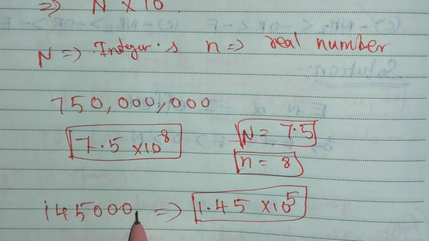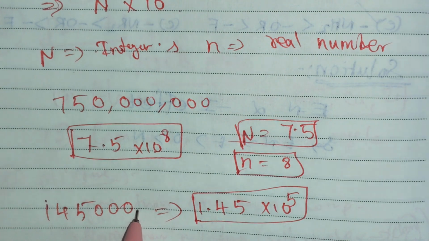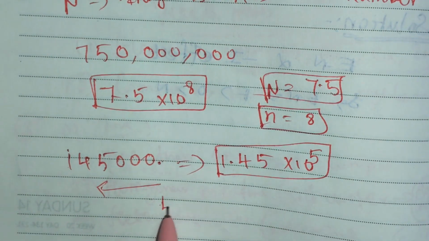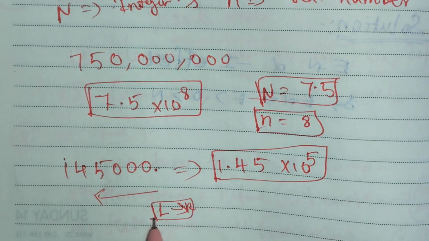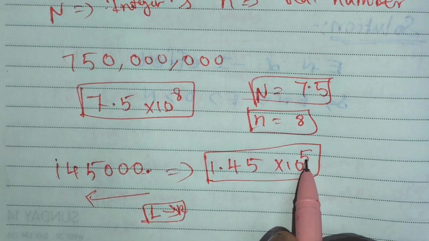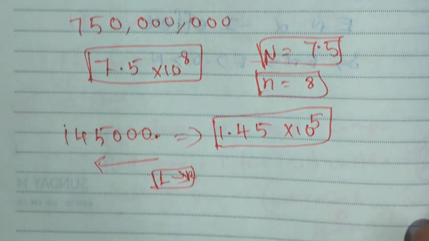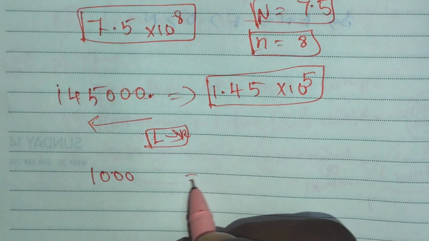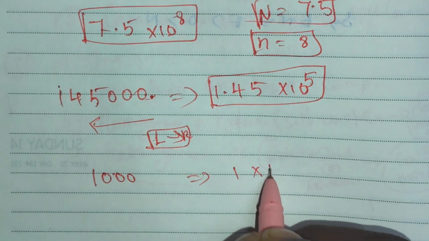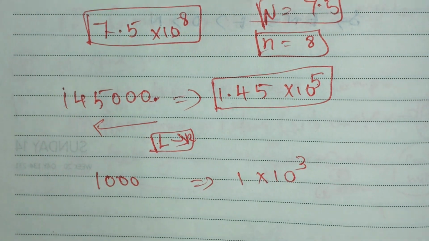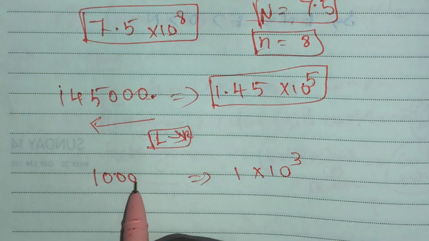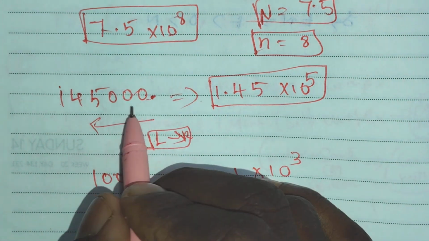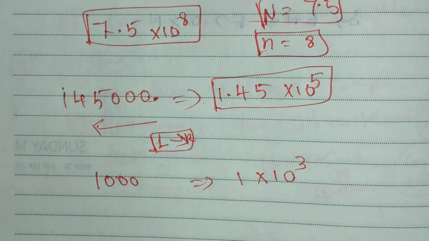Here the decimal point is moved from right to left, and the exponent value increases. Simply, a basic value of 10,000 can be written as 1 into 10 to the power of 4. So the exponent increases whenever the decimal point moves right to left. This is a basic concept.